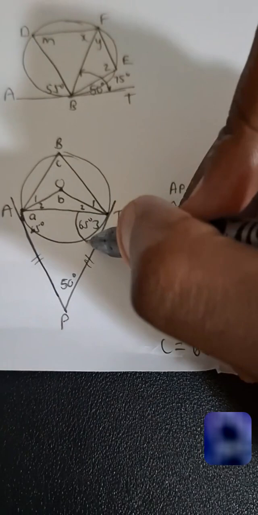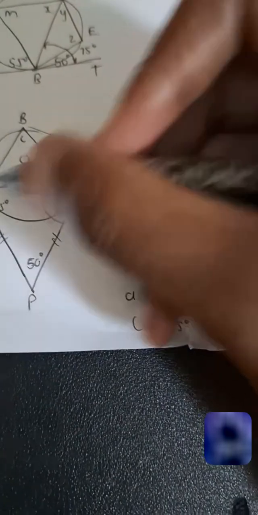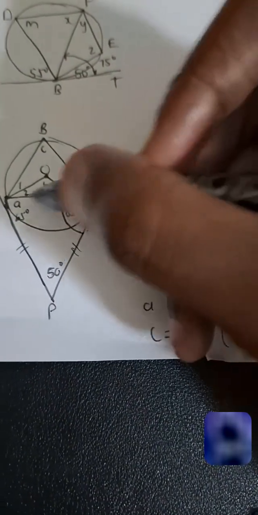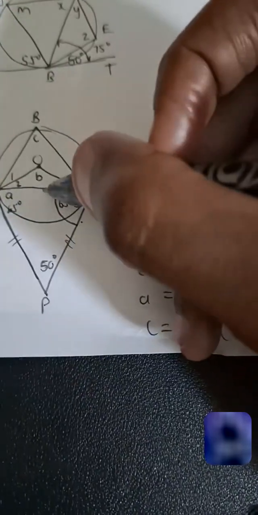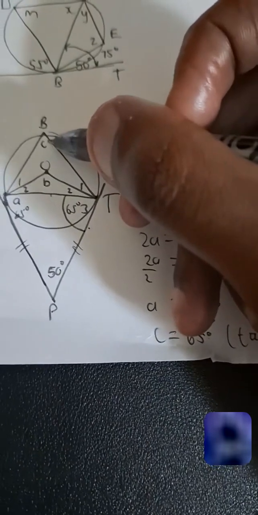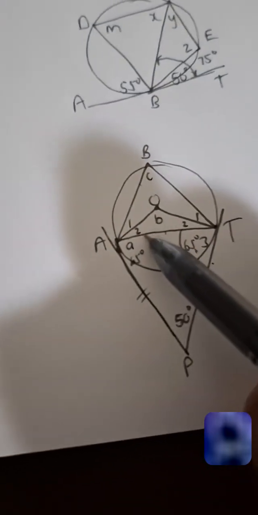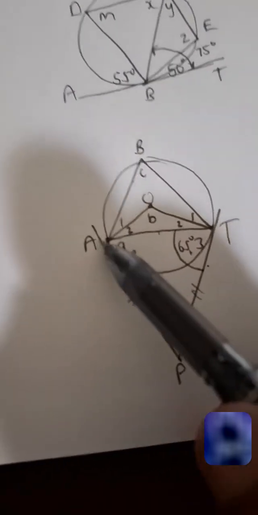Tan chord theorem. I'm sure you guys can see it, right? If you're looking at this side, like he said, this is the angle formed by the tangent TP and the chord AT. This chord AT subtends angle C at the circumference, so that's why this 65 degrees is equal to C. Or we can look at it from this side: this was also 65 degrees, formed by the tangent and chord AT.